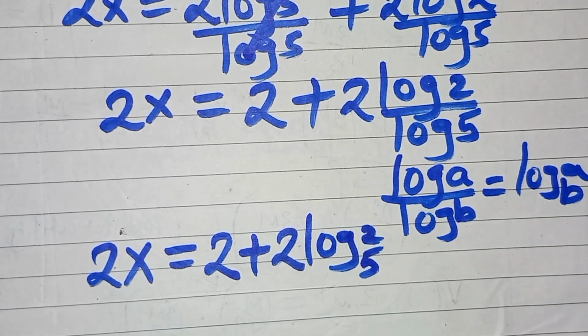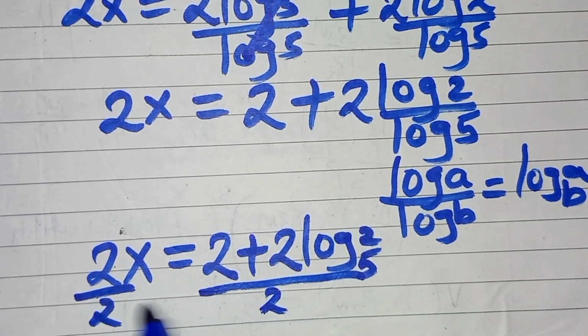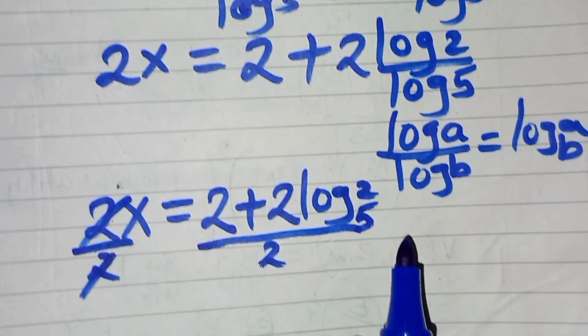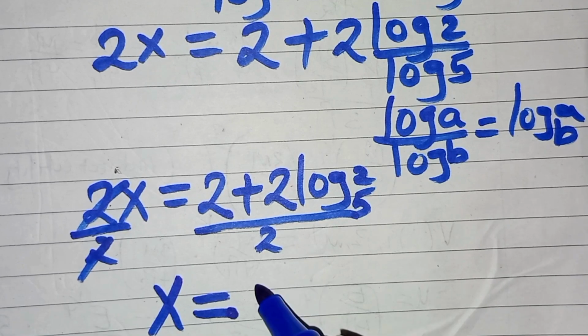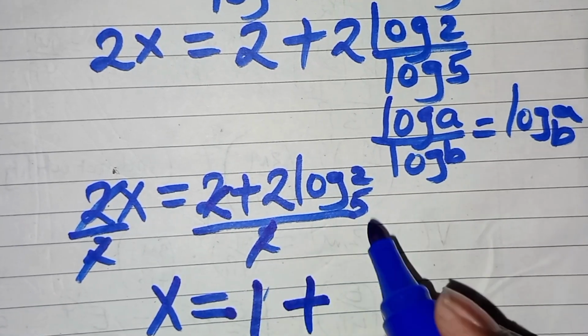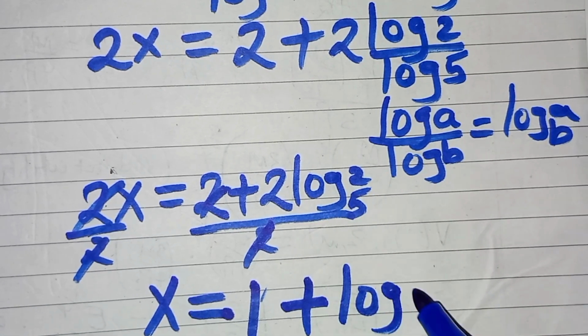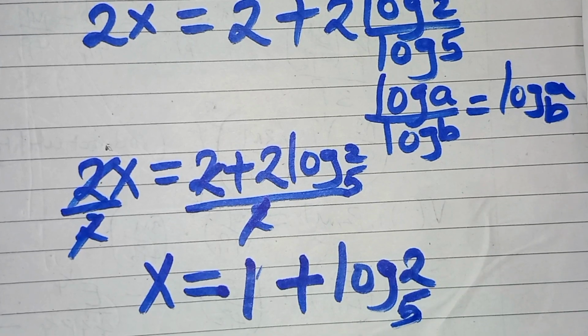The next step is to divide both sides by 2, so that the value of x is equal to 1 plus log 2 to base 5. Now this is the value of x.